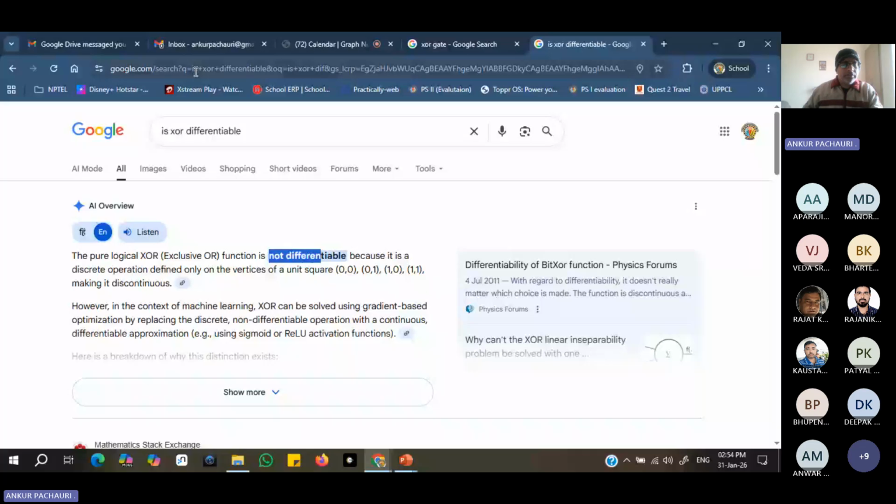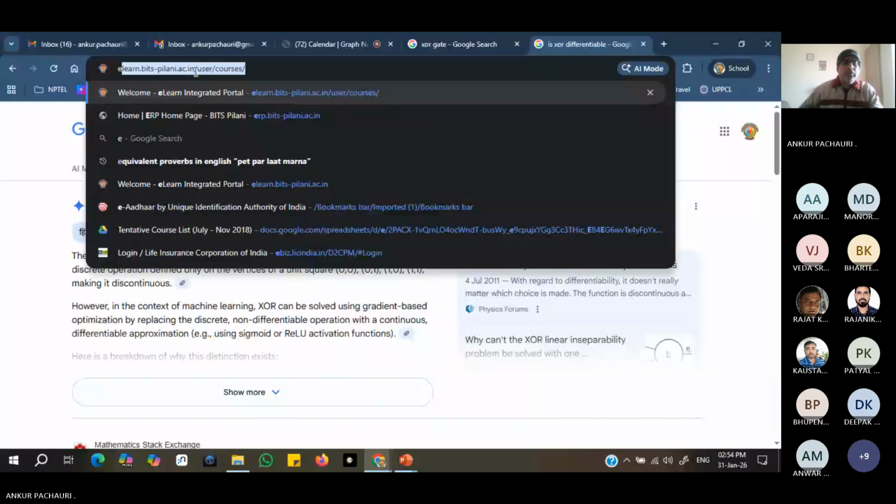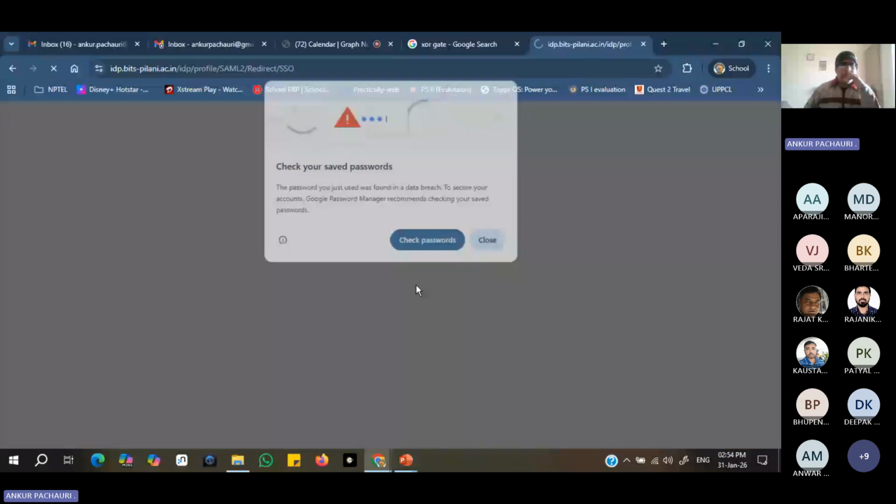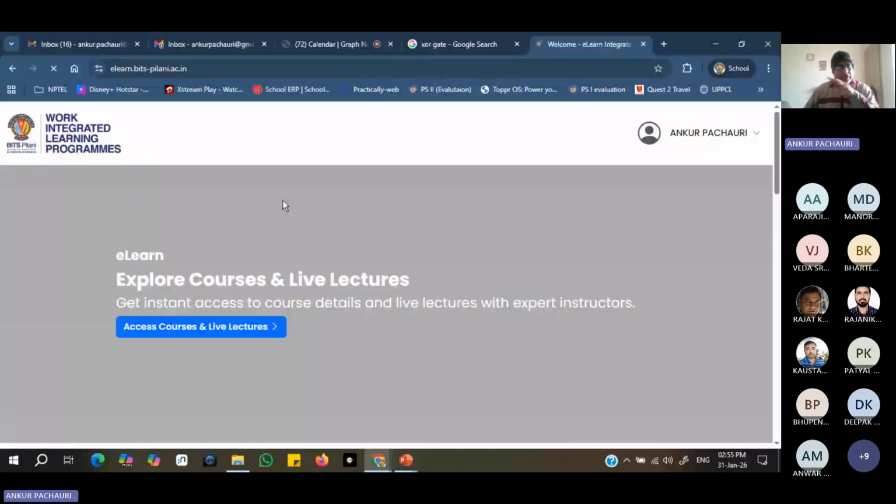Let me check. Graph similarity I have covered. So again, the similarity will be in that sense.